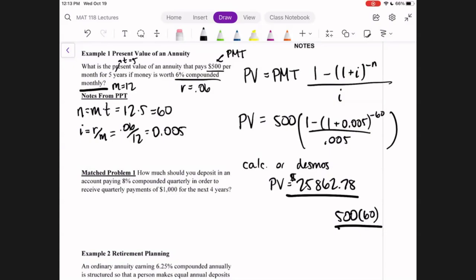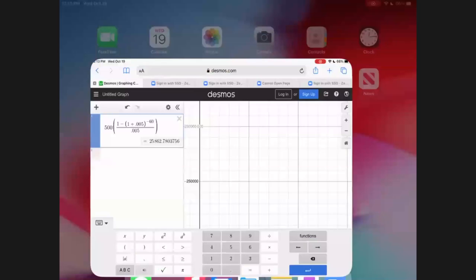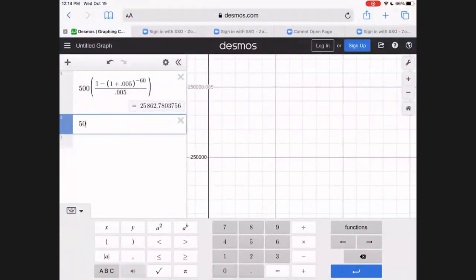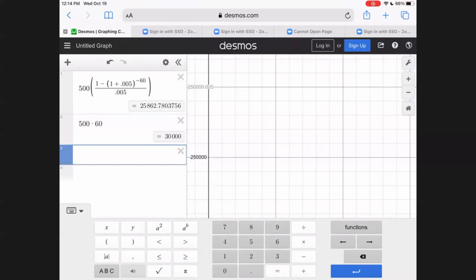So if you multiply that in Desmos, that is actually 30,000. So if we do the difference in those two, 30,000 minus 25,862.78, we're actually making $4,000 off of this, okay, because of the compounding.